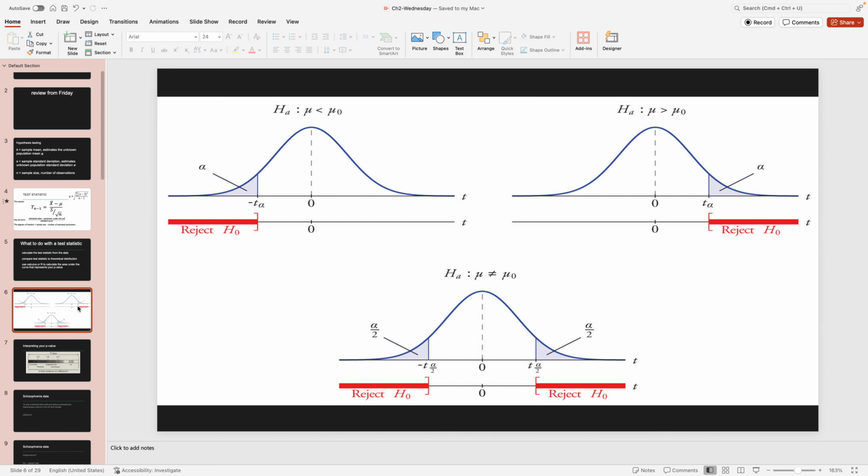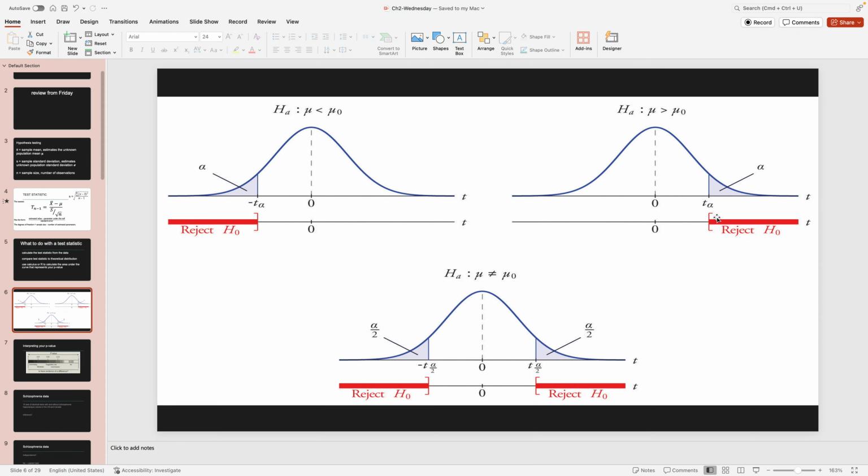This corresponds to one of three hypotheses. One is that the null hypothesis value is smaller. The other is that it's larger than some value, or that it's not equal. Now, evidence that it's smaller than some value means that the test statistic would be negative, i.e. it would be to the left here.